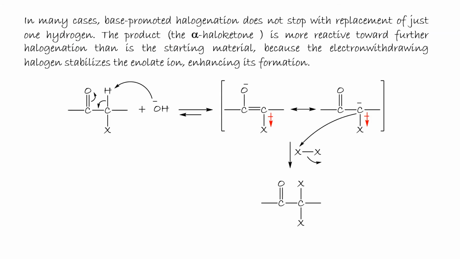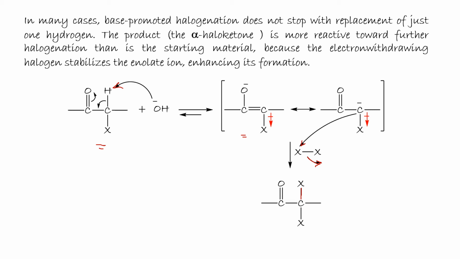This species can undergo further halogenation: again deprotonation, enolization, followed by nucleophilic attack on the halogen to form the disubstituted product. If we have one more, the same process will go on.